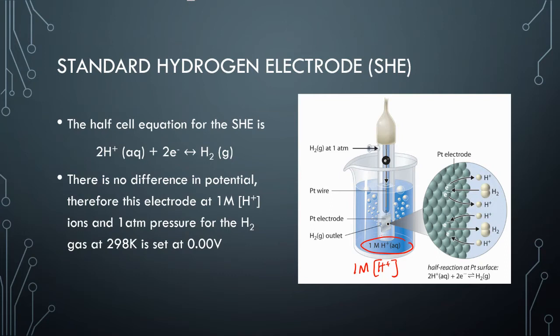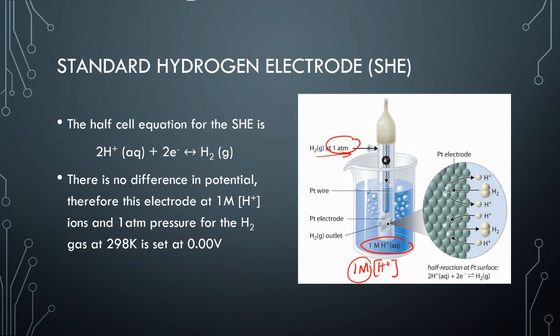Since platinum is a very non-reactive metal, it's a perfect metal to help the electrons hang out in the solution but not participate in the actual reaction, okay? So you have the inert electrode submerged in there, and through this electrode there's a little tube, and through this tube we are pumping in hydrogen gas at a pressure of 1 atmosphere. So the 1 atmosphere and the 1 molar solution are what makes it a standard hydrogen electrode, okay?